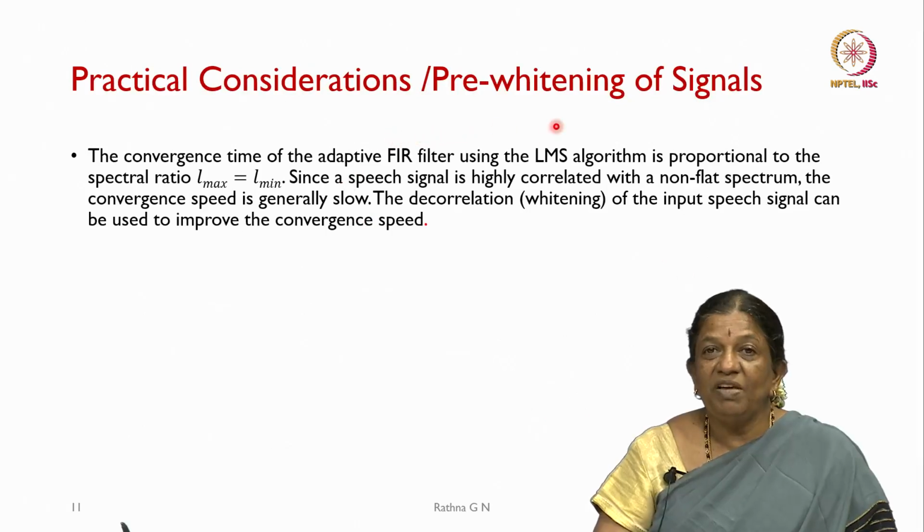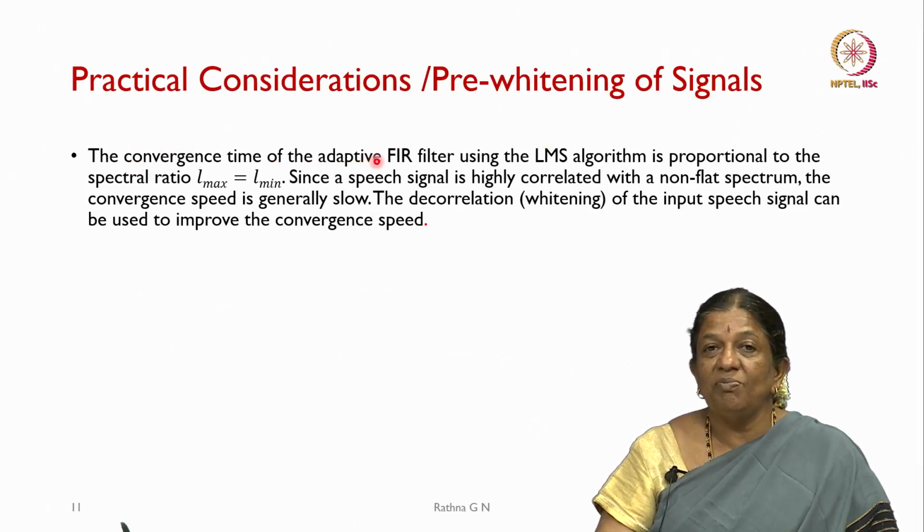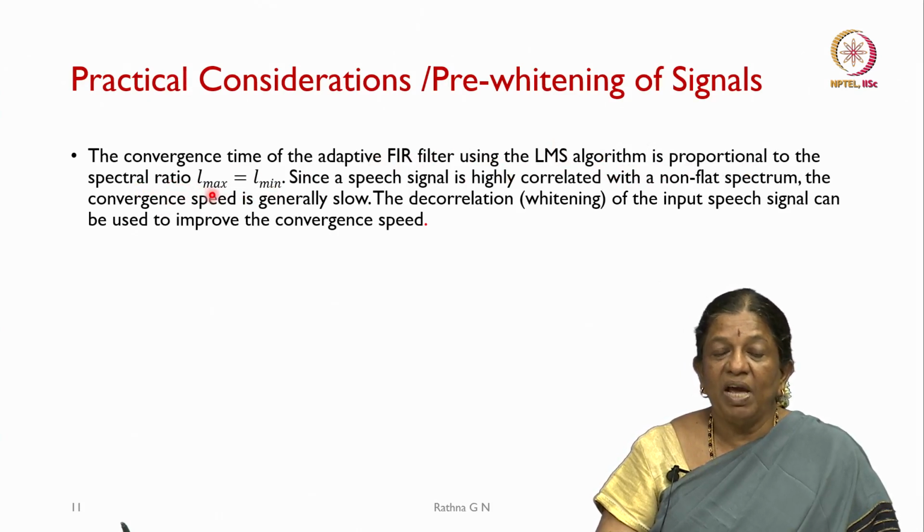So, what are the practical considerations? We call it pre-whitening of signals. The convergence time of the adaptive FIR filter using the LMS algorithm, as we have discussed, is proportional to the spectral ratio, that is, lambda max over lambda min.